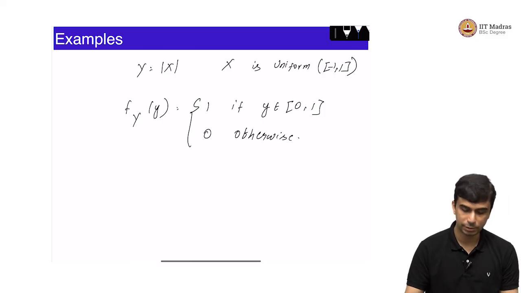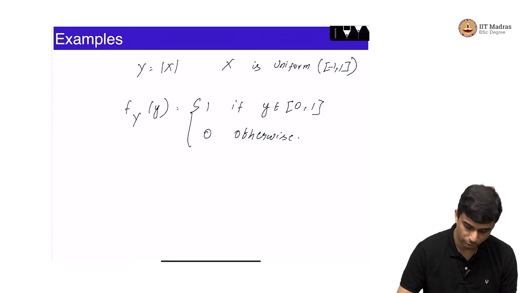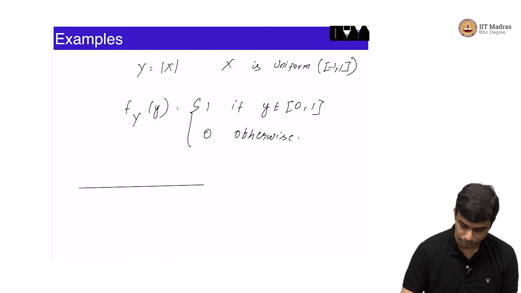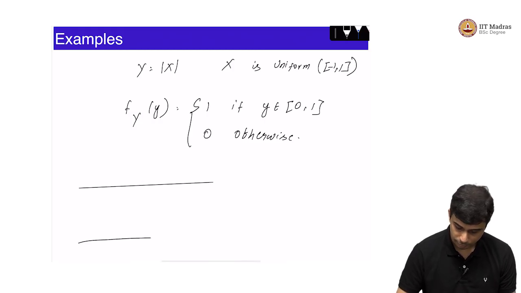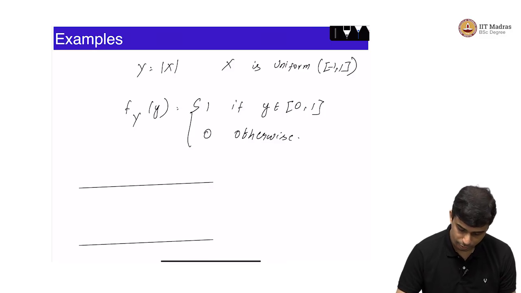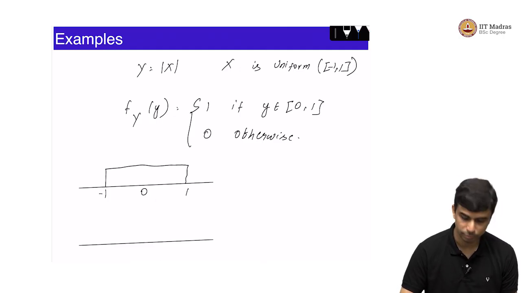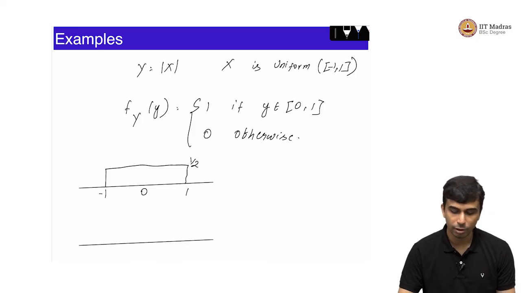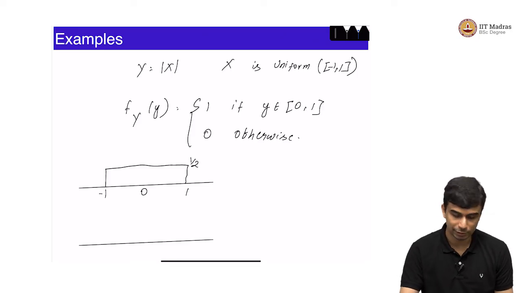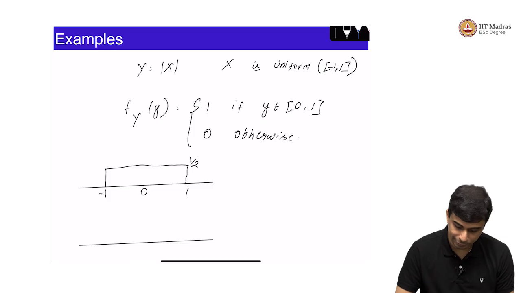Why is that? Well, let us draw the density functions of x and y. So, this is let us say minus 1, 0, 1. The density function of x looks like this. So, value is half, but y is equal to the absolute value of x. So, y cannot take negative values.